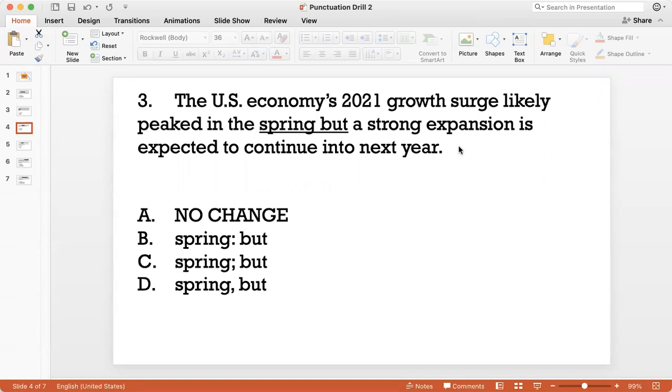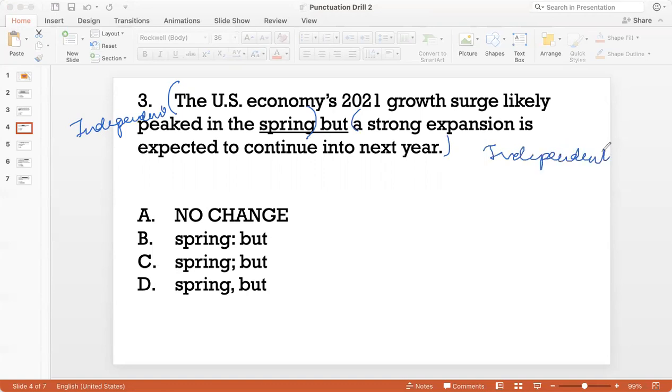So the peak has happened, but you would still see strong, robust growth. Here I see the first independent sentence, and this is another independent sentence, and I'm joining these two independent sentences with the coordinating conjunction, which is but.